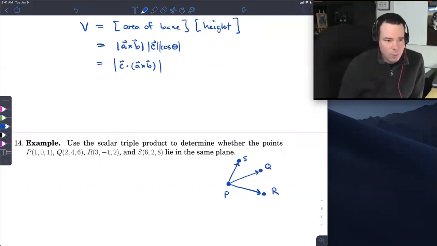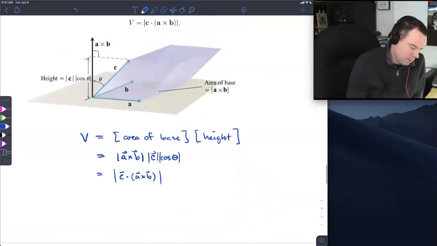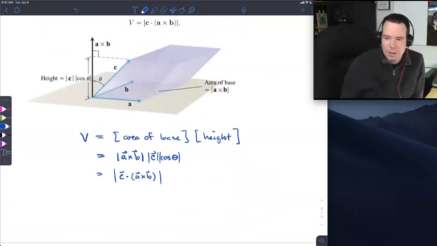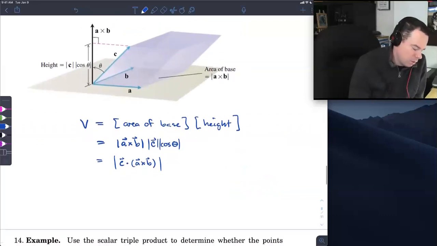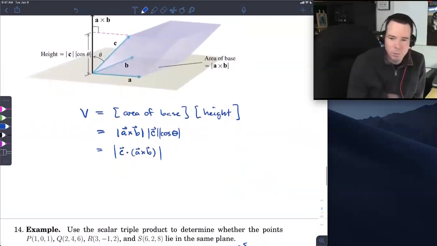Well, if all 4 points lie in the same plane, then they wouldn't form a three-dimensional parallelepiped like this. Imagine the tip of the vector C actually living in the plane down below. Then all 3 vectors lie in the same plane, and if I compute their scalar triple product, I should get a 0, because that would be the volume of the resulting solid, and the solid would just be flat. It wouldn't have any volume.